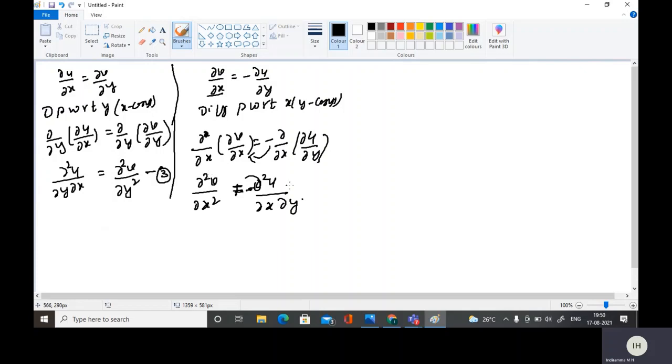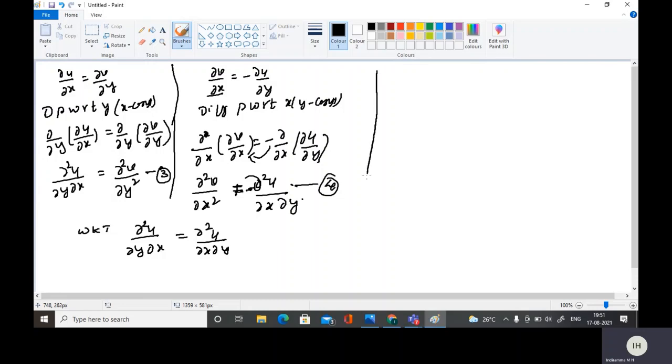1, 2 is over, now 3, 4. We can see the LHS of equation 3 with the RHS of equation 4. We know that ∂²u/∂y∂x is equal to ∂²u/∂x∂y.